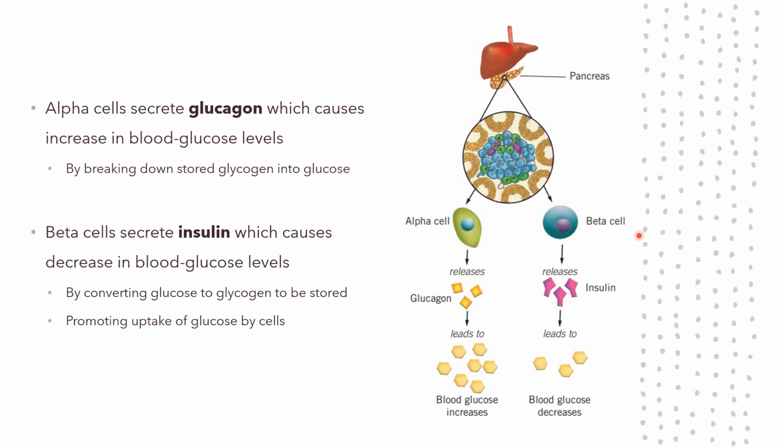Beta cells secrete insulin, and they decrease blood glucose levels by converting that glucose to glycogen to be stored. It also promotes the uptake of glucose by cells, right? And if we are storing the glucose as glycogen, or the cells are taking in more glucose, we are therefore reducing the amount of glucose in the bloodstream.